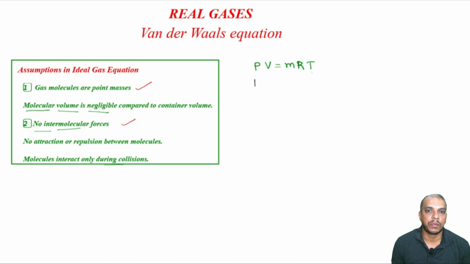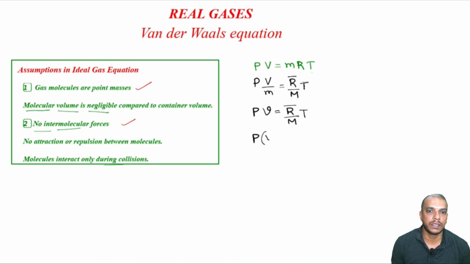So pressure, this volume can be rewritten as specific volume, with the mass moved to the other side, and this R can be rewritten as the universal gas constant divided by molecular weight, into temperature. This volume by mass is the specific volume, small v, and this R bar by m I will keep here.